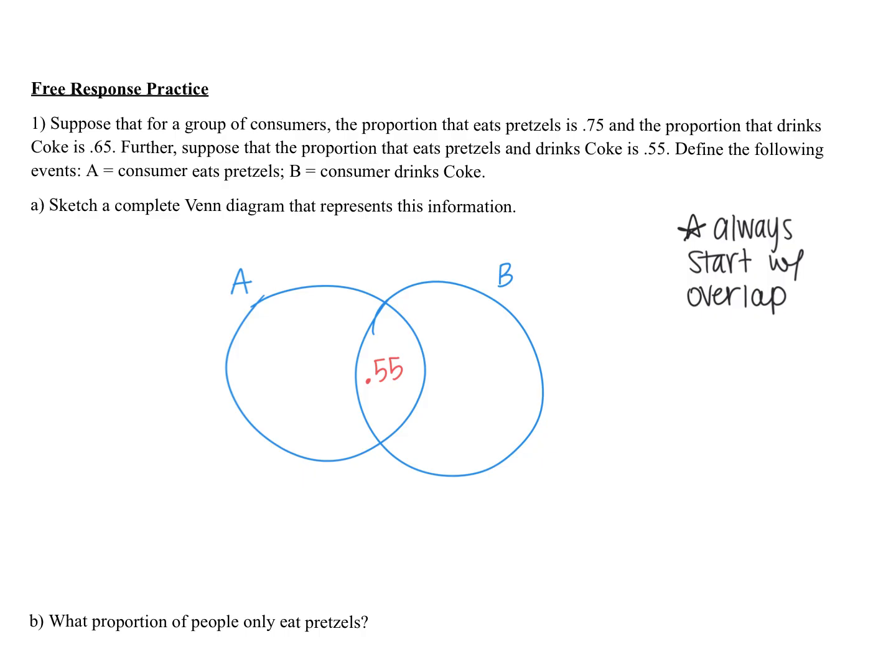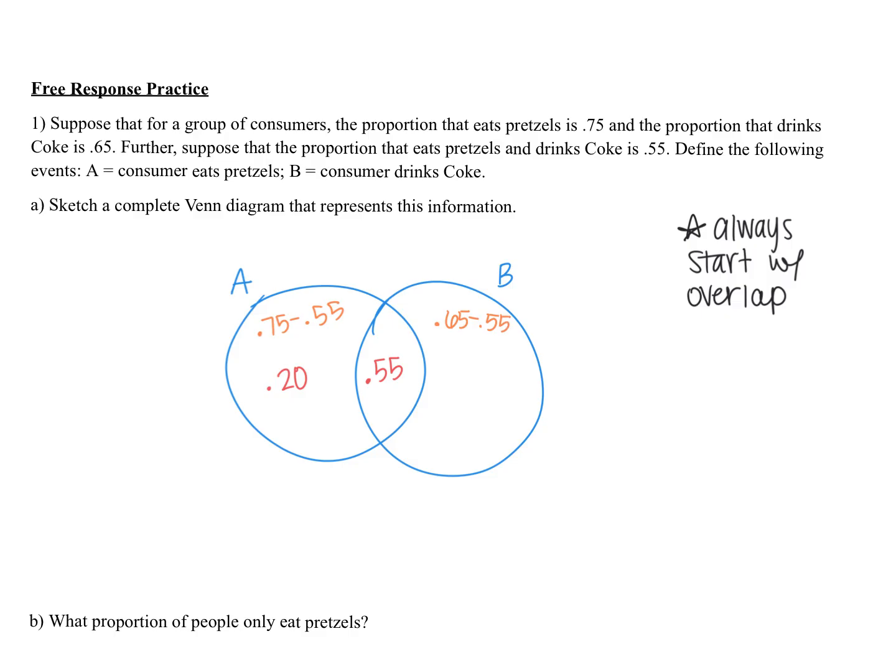When you go to fill out each of the remaining parts of the circle, you have to subtract the overlap from the total. So the 0.75 is everyone who eats pretzels, including the people who also drink Coke. So if you do 0.75 minus 0.55, that will give us 0.20. And then we do the same thing for drinks Coke. So we do 0.65 minus 0.55, and that becomes 0.10.